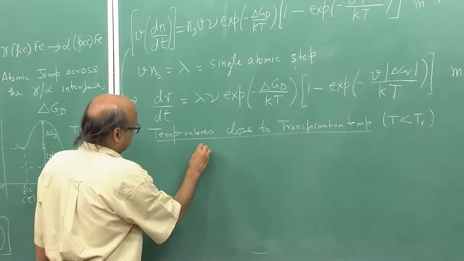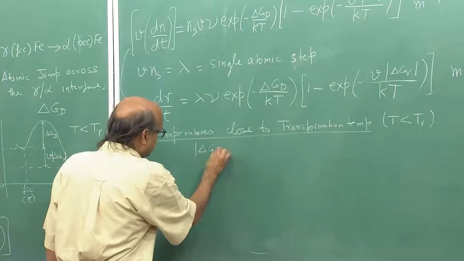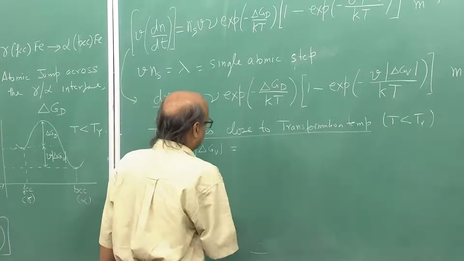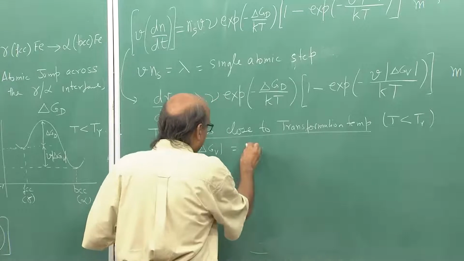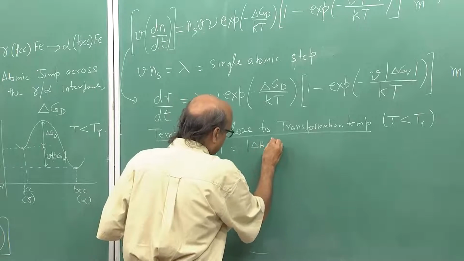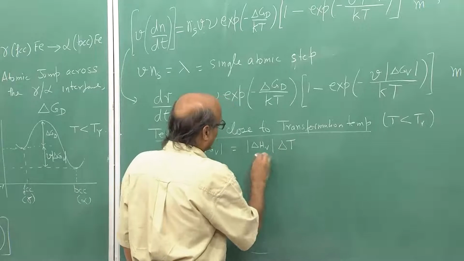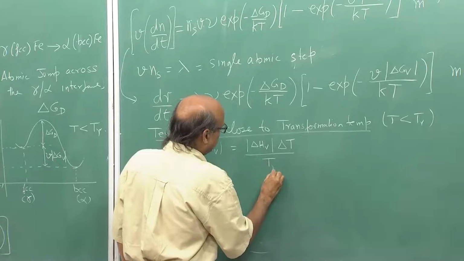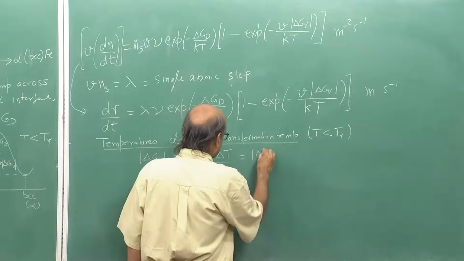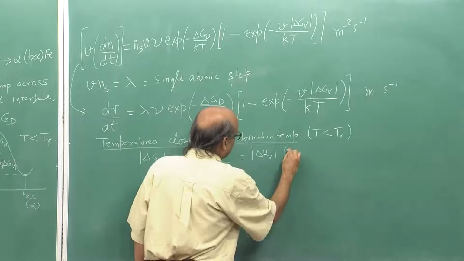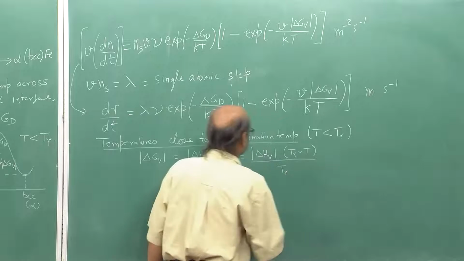What is delta Gv at any temperature T below Tr? Well, that is simply delta Hv, the change in enthalpy per unit volume, multiplied by the undercooling upon Tr, the transformation temperature, or I can simply write this as delta Hv times Tr minus T upon Tr.